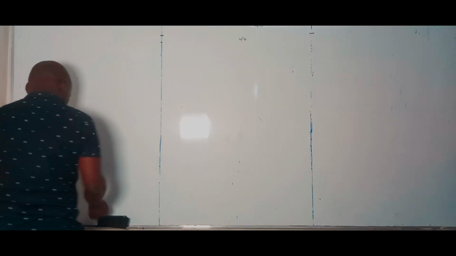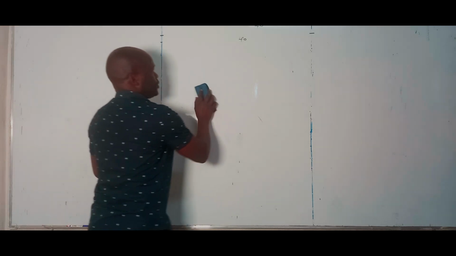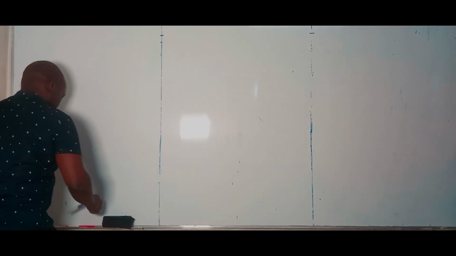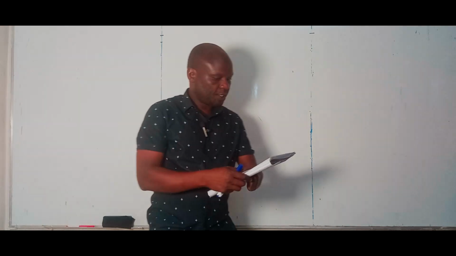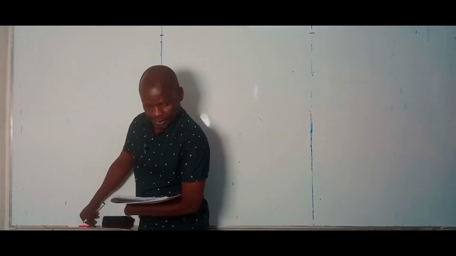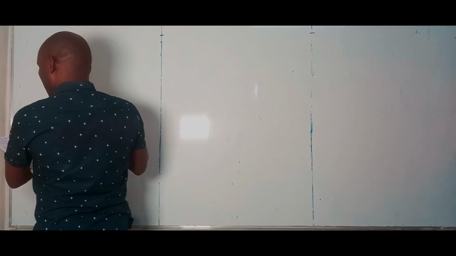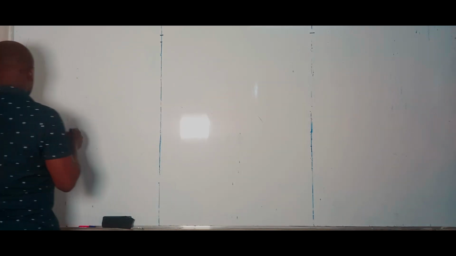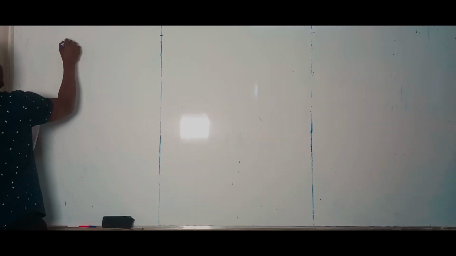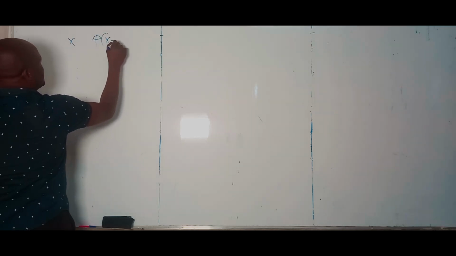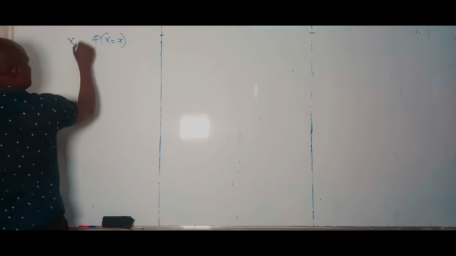Well, we look at the question as shown, and as we have seen, we are given the probability of this discrete random variable, as we have X and the probability that X takes that value.